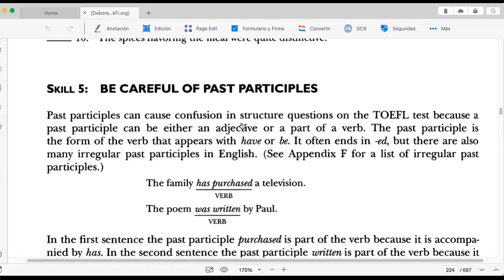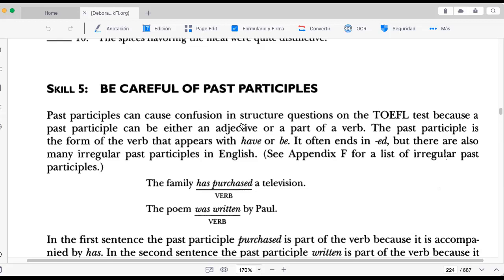Past participles can cause confusion in structure questions on the TOEFL test because a past participle can be either an adjective or a part of a verb. The past participle is the form of the verb that appears with have or be. It often ends in ed, but there are also many irregular past participles in English.